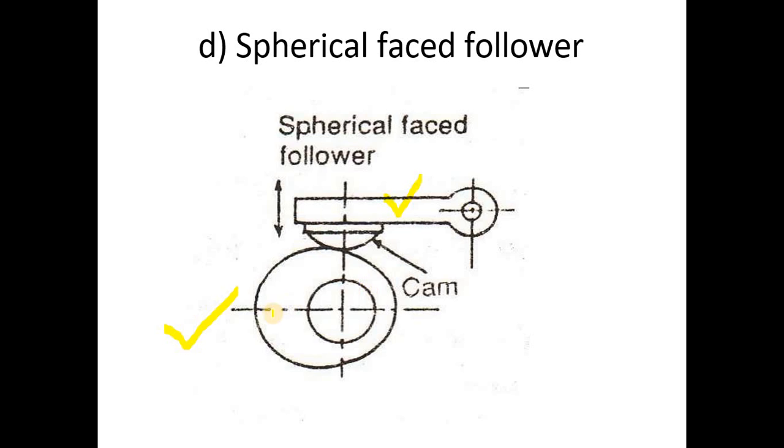Whenever the cam rotates, at that time it will oscillate about this center. Look at this, about this center your cam is going to oscillate. So a spherical faced follower is used whenever we are required to convert rotary motion into oscillating motion.